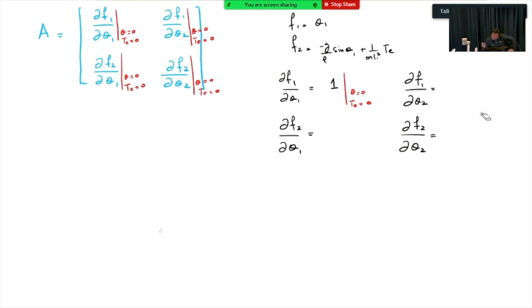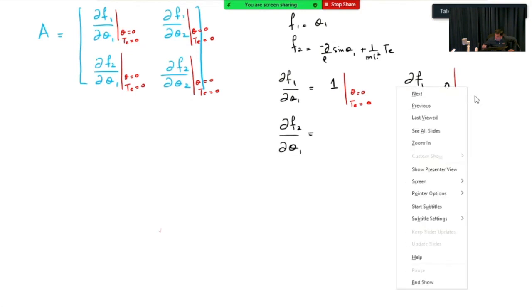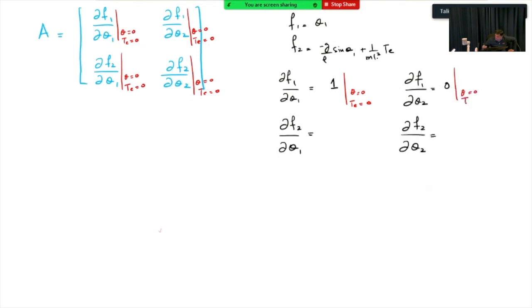Zero? Yes, it is 0 because there is no theta 2 here. Okay, and again you had to put theta equal to 0, Te equal to 0. Okay, next one is the equation here.